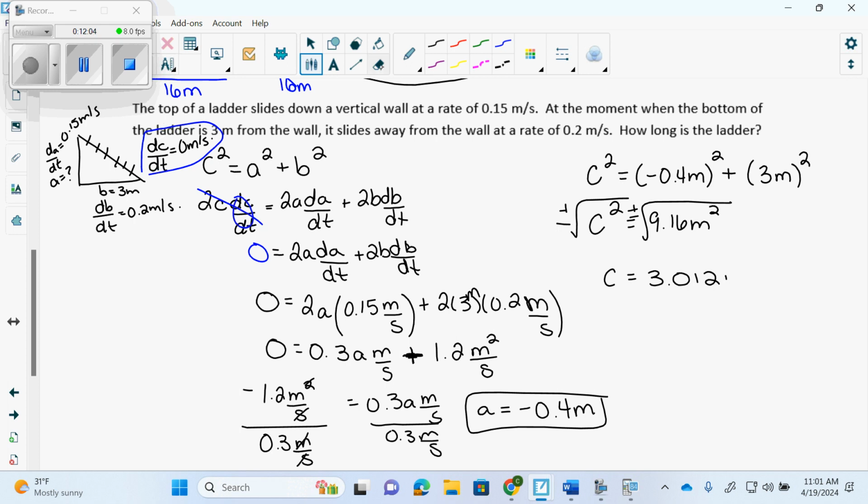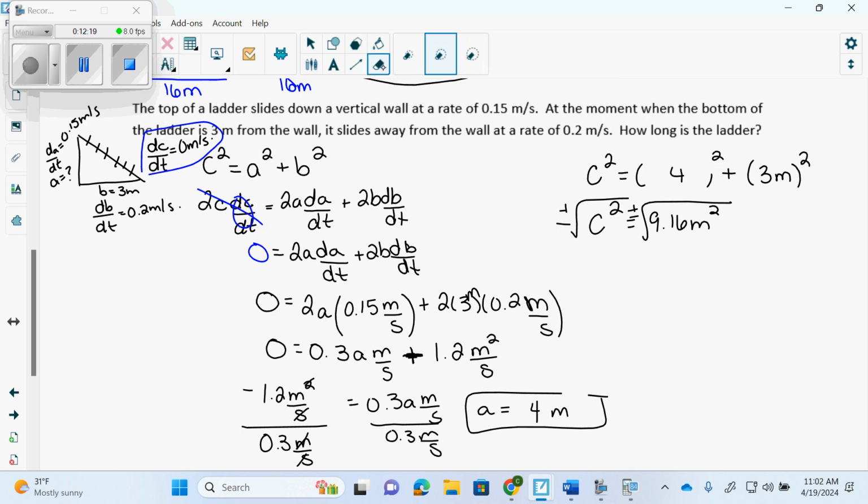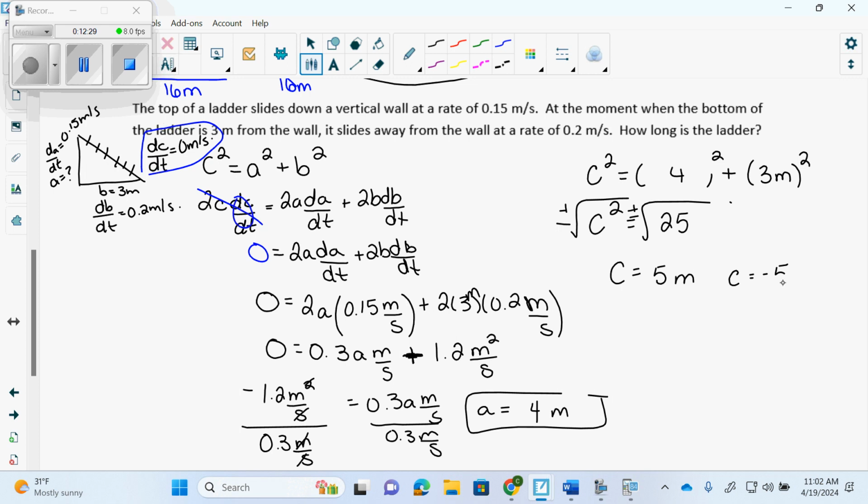This should be 4? Four is a lot better. Oh wait, that gives you a much nicer answer. What's 16 plus 9? Okay, then we have to say the ladder is 5 meters long.